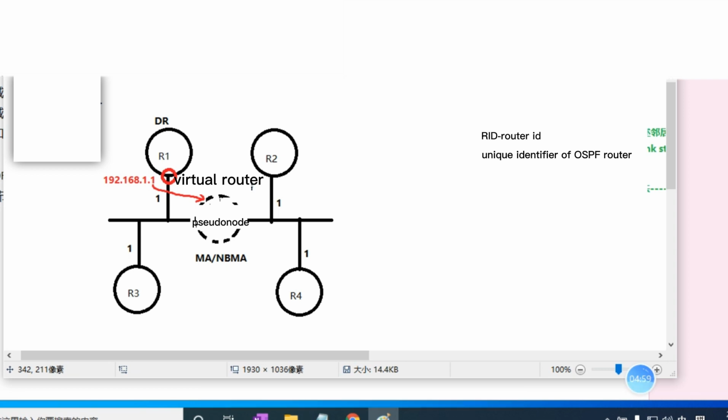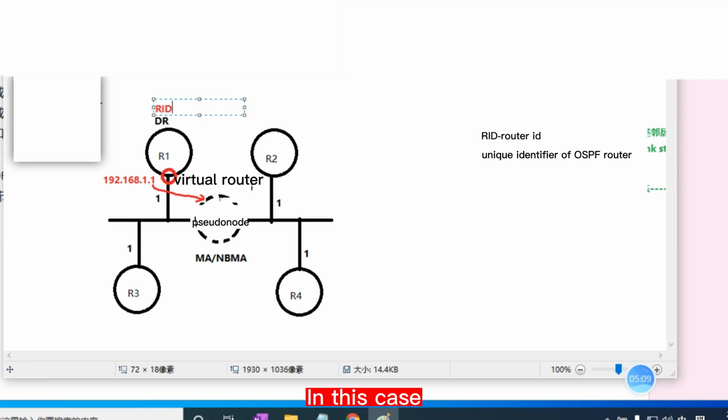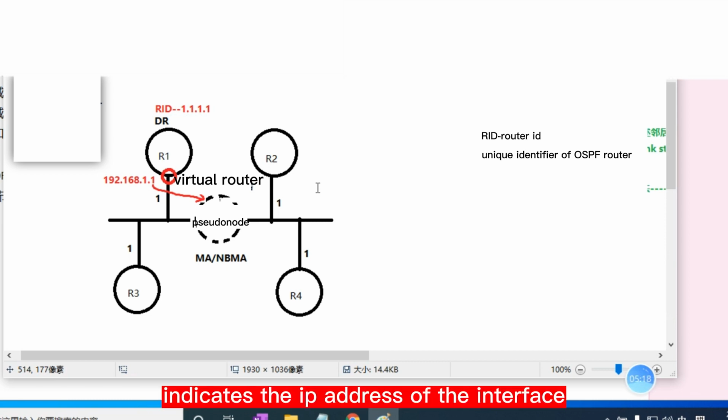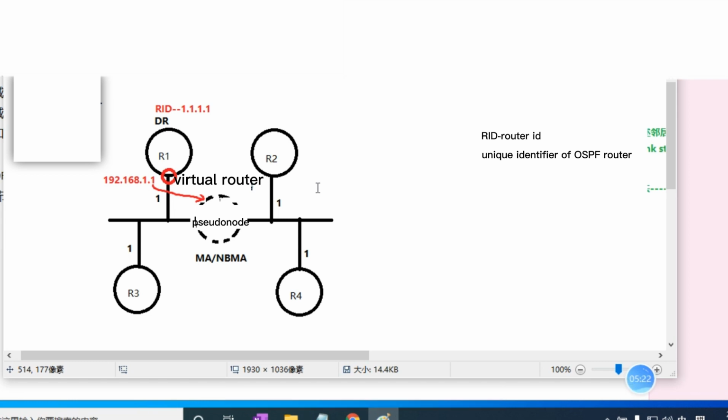RIDs are not repeatable. I can't use R1, R2, R3, or R4's RID. R1's RID could be 1.1.1.1, so you can use the IP address of the DR interface to describe it.